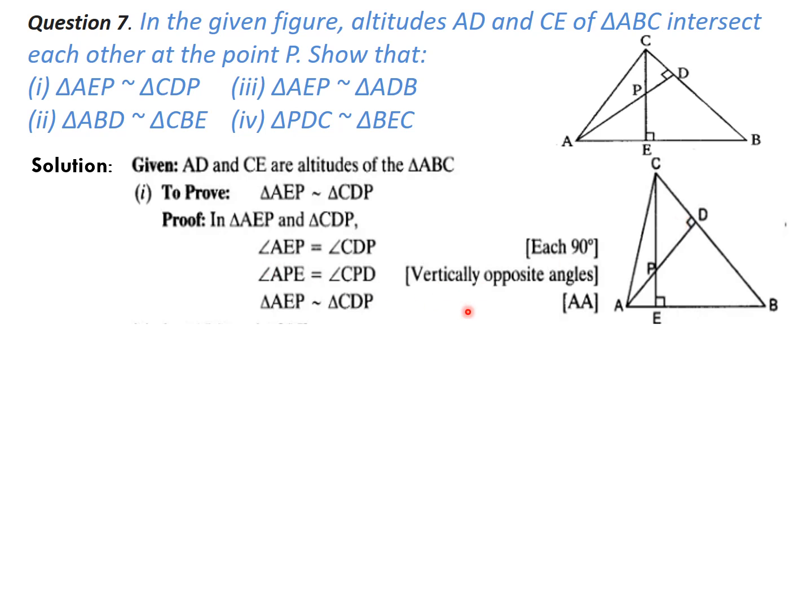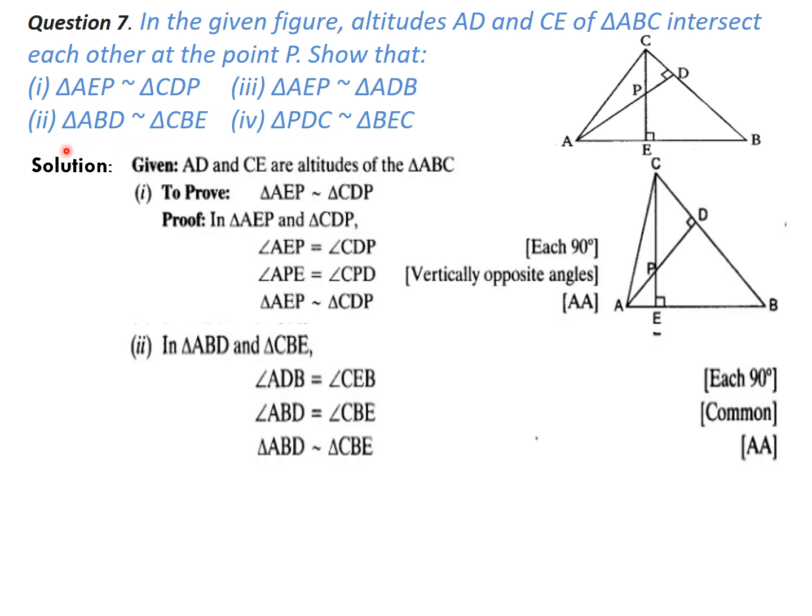So we can write that angle AEP is equal to CDP, that is 90 degrees, and APE is equal to CPD, being vertically opposite angles. Since two angles of the corresponding triangles are equal, by AA similarity criterion, triangle AEP is similar to triangle CDP.